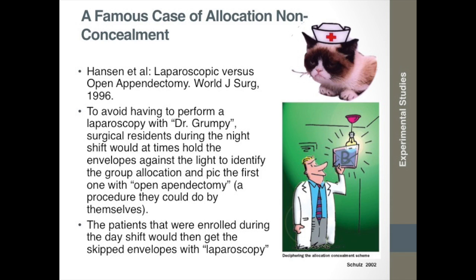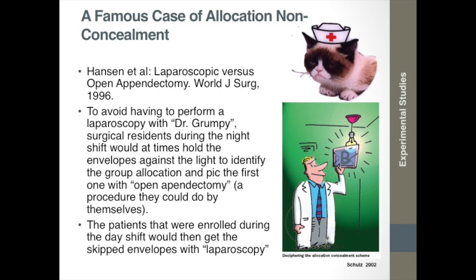This is a very famous case of allocation non-concealment reported in the literature. This was a trial of laparoscopy versus open appendectomy, in which the residents that participated in the trial, in order to avoid having to perform a laparoscopy with a grumpy doctor at night, would hold the envelopes against the light to identify who was the next allocation group, and then they picked the first one with open appendectomy, which was a procedure that they could do by themselves.